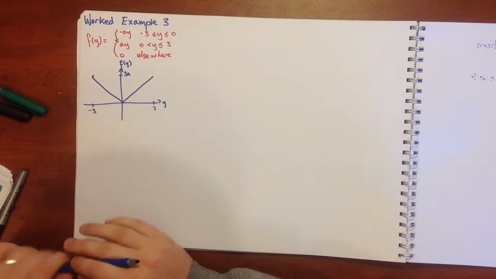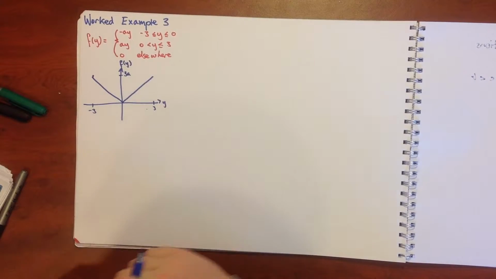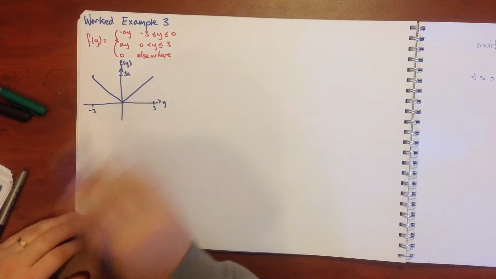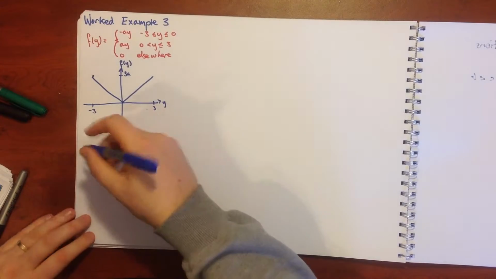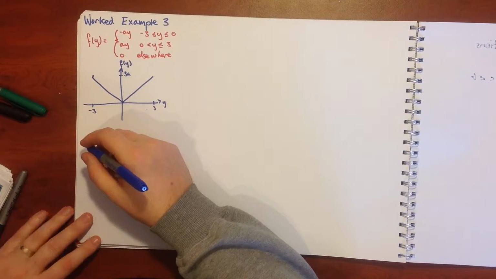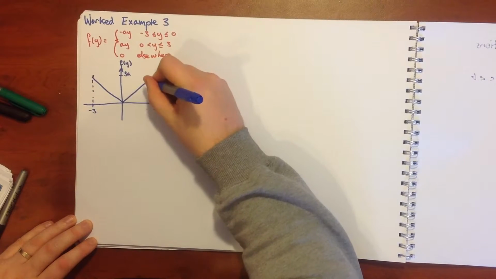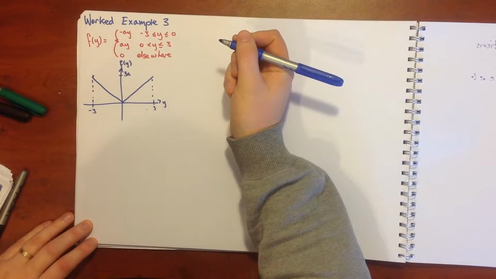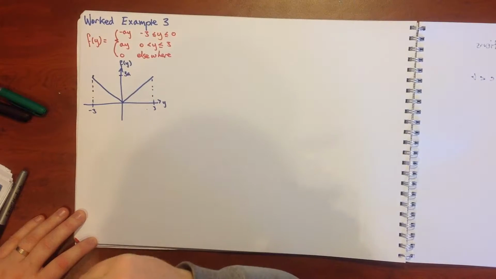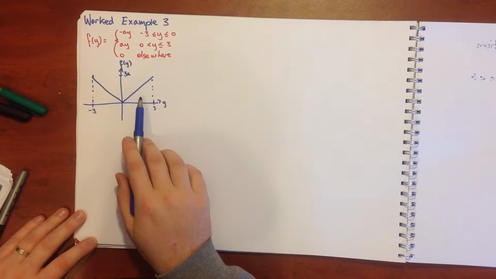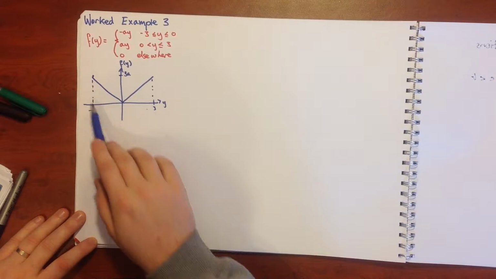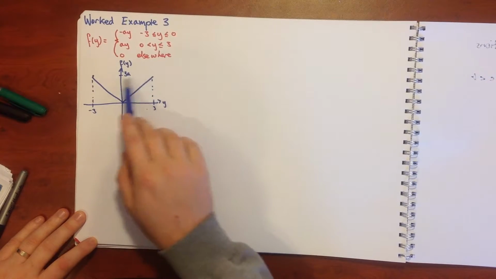Part B is find the value of the constant a. Well, what we need to do is integrate this, so basically find the area here and set it equal to 1. We can see that this triangle is equal to that, and that this triangle here would actually make up that triangle there as well.